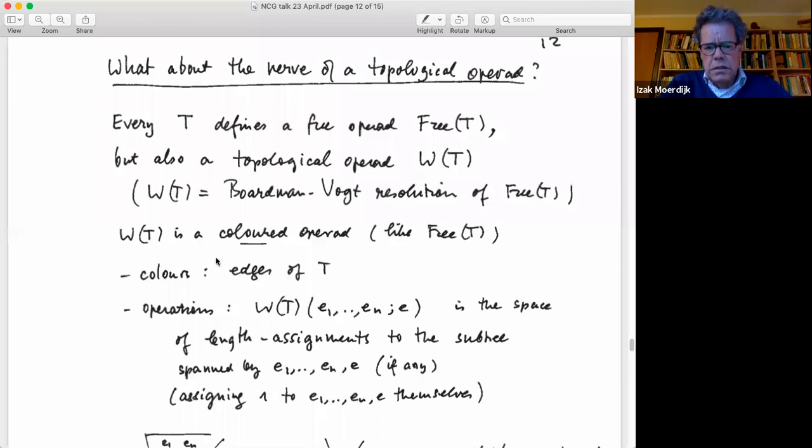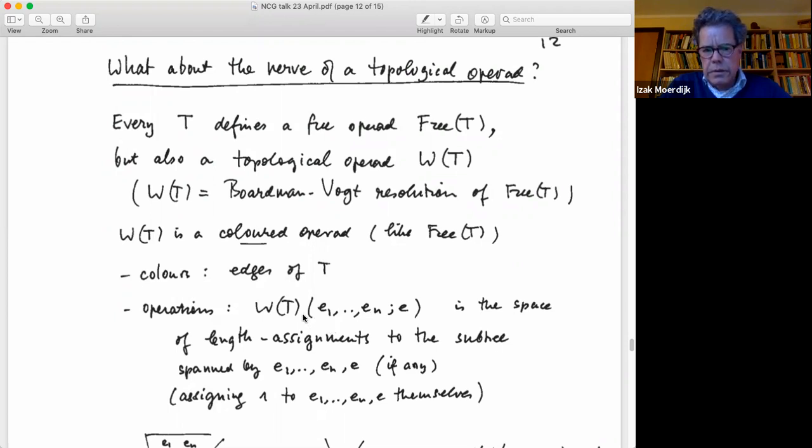So W of T in this context is a very simple thing. It is a colored operad, and the colors are the edges of T, and so it should have n-ary operations where you take n inputs given by colors, and the output has a color. So I'm going to define, so this is my P, so to speak, and instead of just an n, I have a sequence like this.